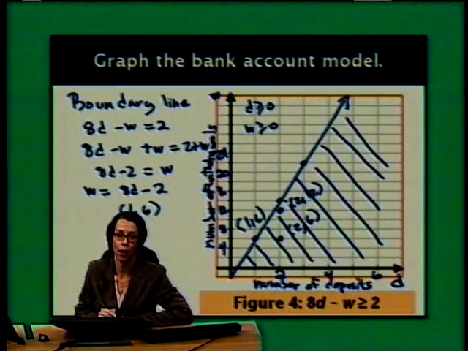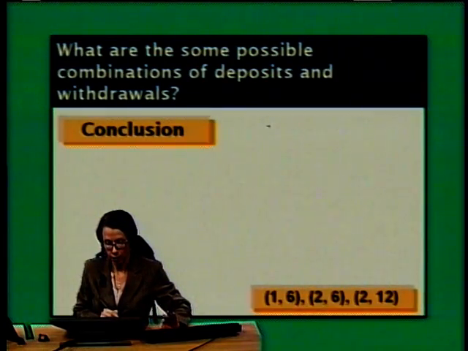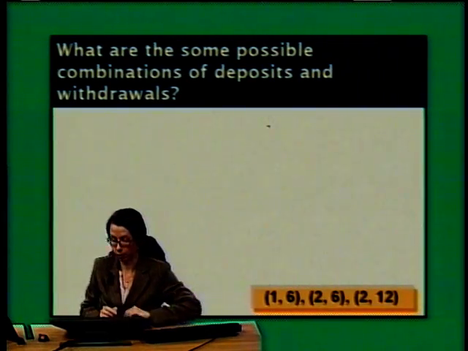So let's talk about a couple of the solutions we just found. So what are some of the possible combinations of deposits and withdrawals? That was the question we were asked here.